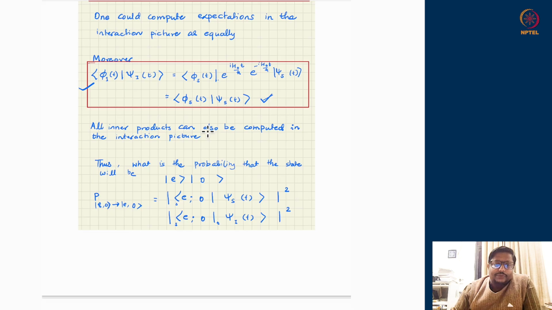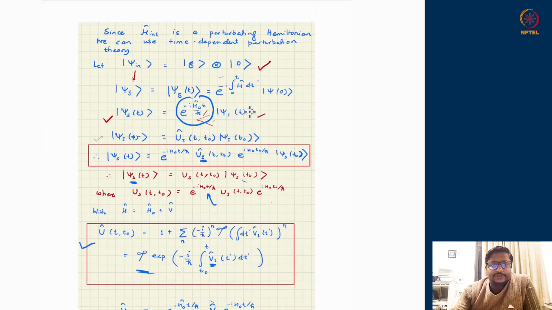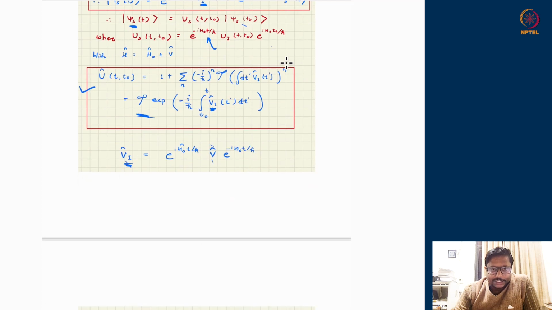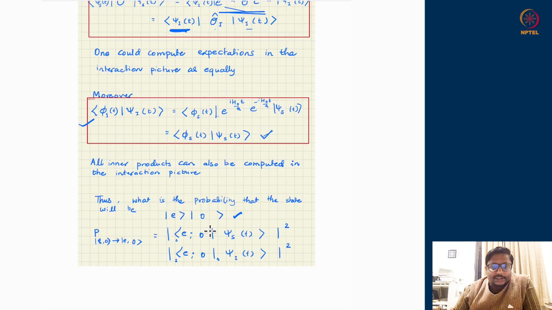Okay. So we know that in the Schrodinger picture, the initial state, let us say, was the ground state for the atom and vacuum for the field. This was my initial state. I want to know, after a time evolution, what is the likelihood that the state has become excited in the atom while the field is still in the vacuum.